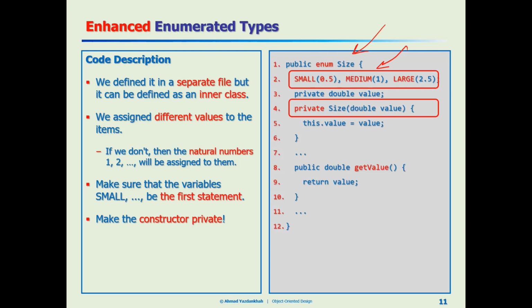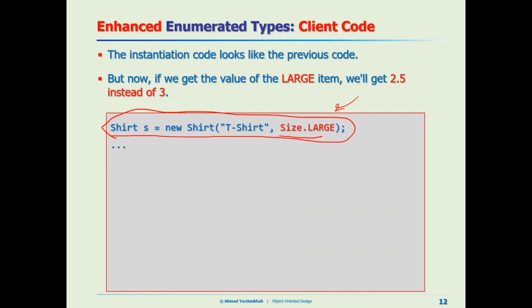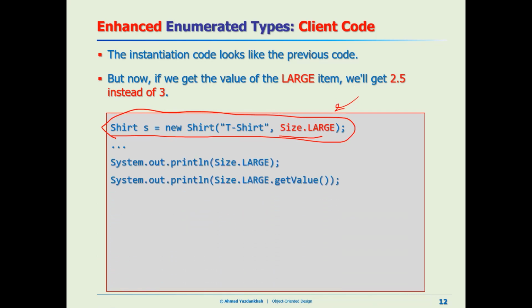So in this example, what is the client for this? Very simple, right? We just instantiate this regularly, and this size point large, we have seen this before. So there are no changes here, right? But if you print this size large like this, if you print the size large, it will give you just large.